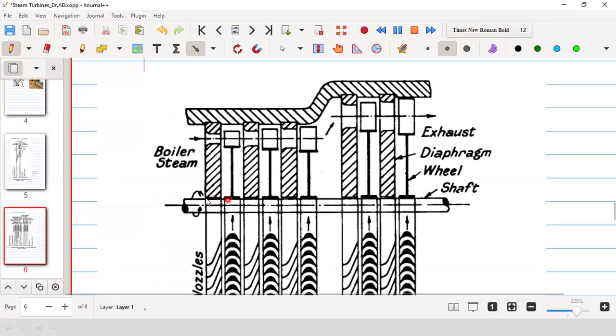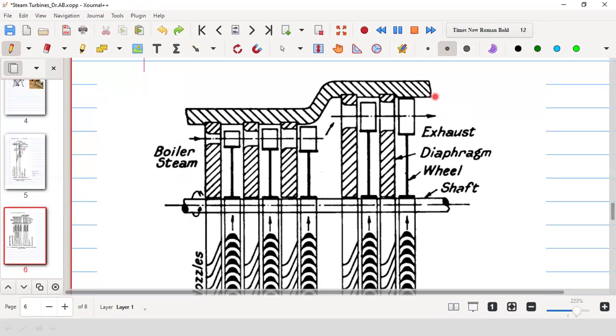There will be a gland, basically sealing here, and it is connected to the cylinder. This is called the cylinder. In a turbine, there are different nomenclatures. So this is called the cylinder.